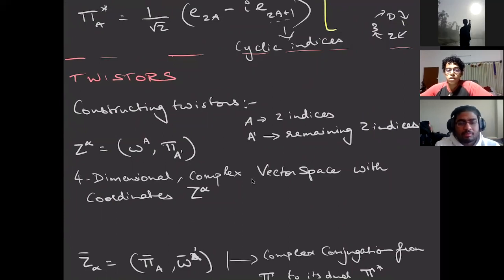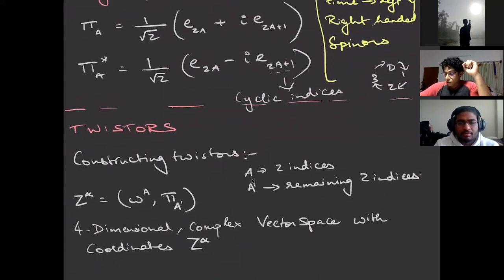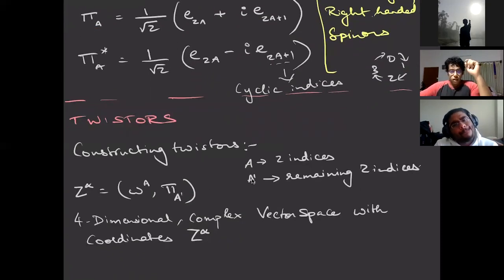So twistors are basically constructed with two spinors, right? So you have a space where you have two different spinors coming in with the same dimensionality. So for example, if A fixes two indices in 4 dimensions, based on the way the formalism is given here, then pi A, which is the other spinor, fixes the other two indices.